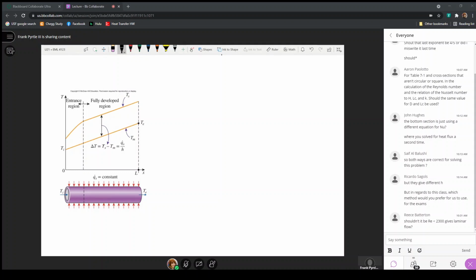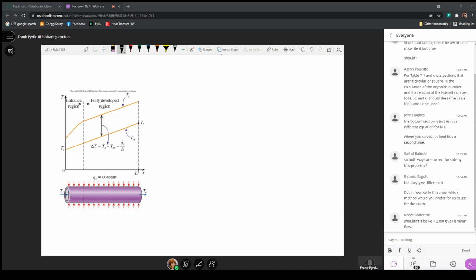That applied heat flux on the outside of the pipe would then be conducted from the outer radius to the inner radius of the pipe, and it'll supply a constant heat flux to the inside surface of the pipe, so that flux would then be into the fluid by convection. Now, this plot is a plot of the temperature as a function of x along the length of this pipe.